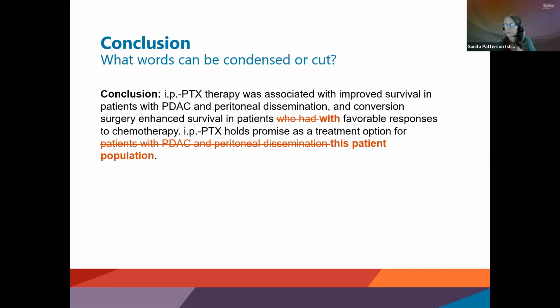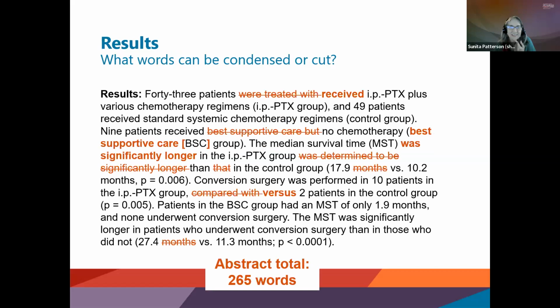Okay. I see one more comment in the chat. Let's go back and look. 10 patients received conversion surgery. Yeah, that would definitely cut a couple of words. 10 people in the paclitaxel group received conversion surgery versus 2 patients in the control group.